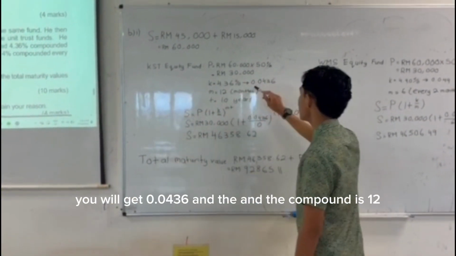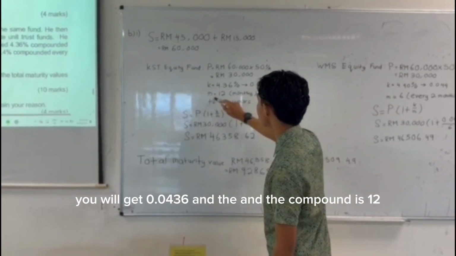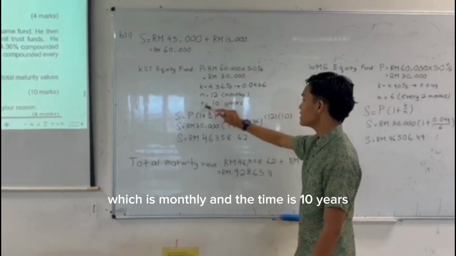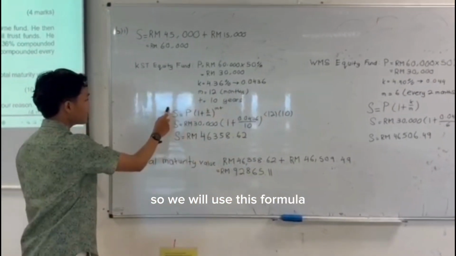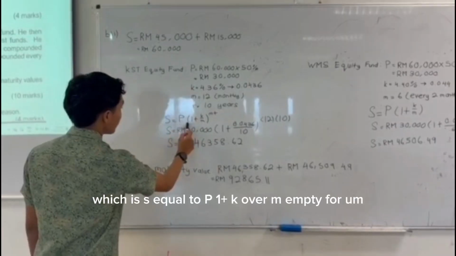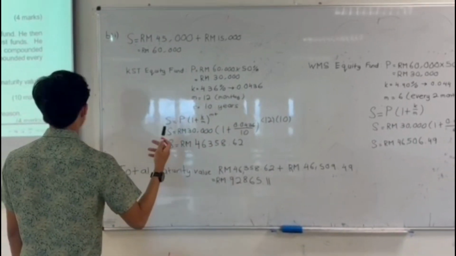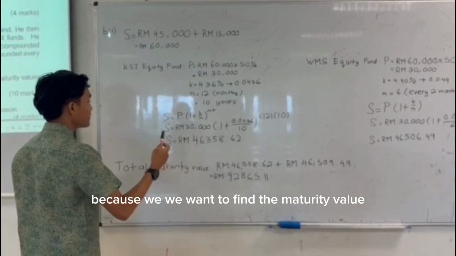If you convert it, you will get 0.0436, and the compounding is 12, which is monthly, and the time is 10 years. So we will use this formula, S equals P(1 + K/M)^(MT), because we want to find the maturity value.